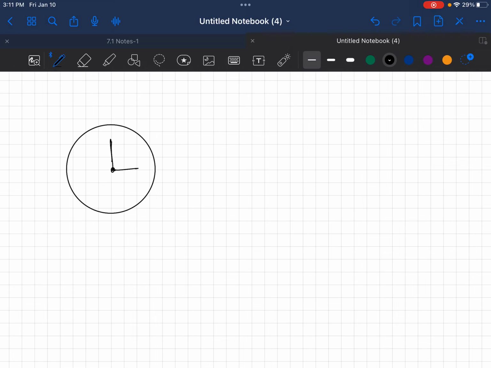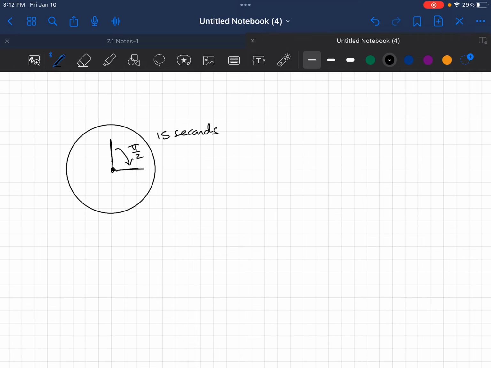And then if we think about 15 seconds later, the second hand has traveled a total of pi over 2 radians.